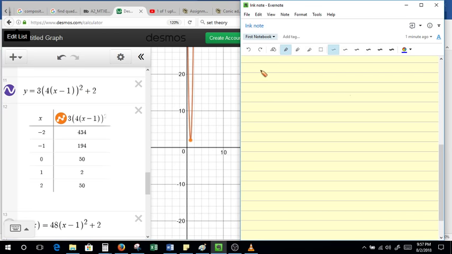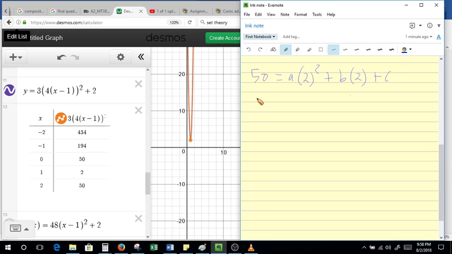So if we set this up, we have 50 equals, so we're going to use this point right here to create our first equation, a x squared, so that's going to be 2 squared, plus bx plus c. So this is just our standard form, and we plugged in y and x.